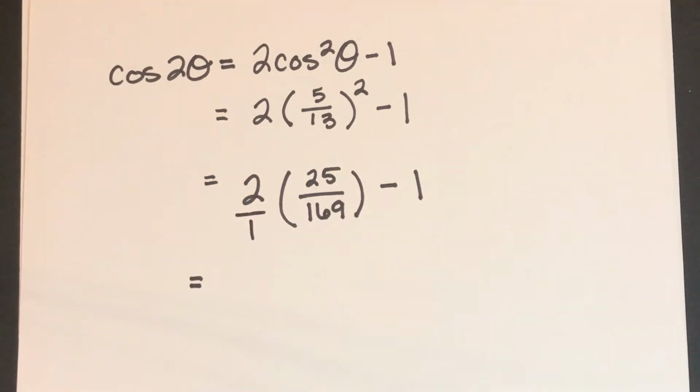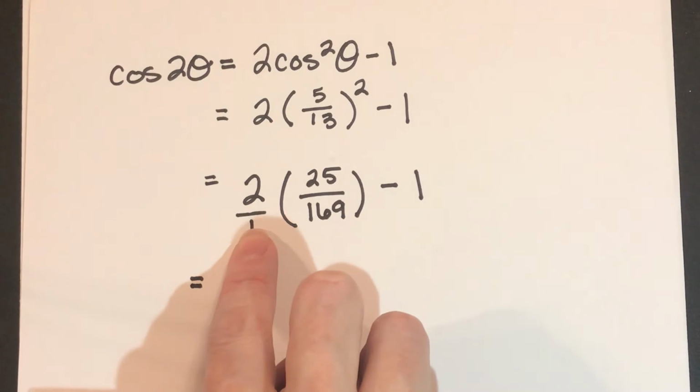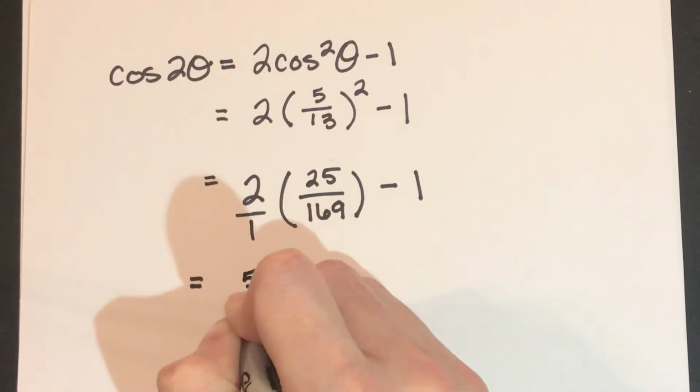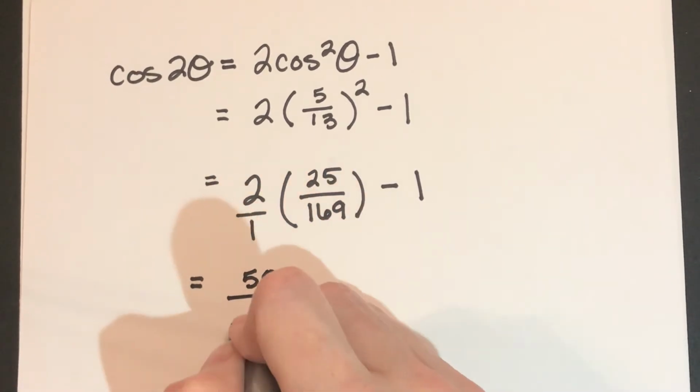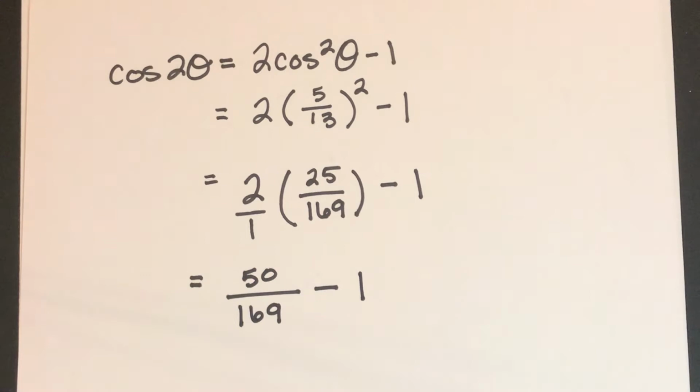Remember, anytime you're multiplying fractions, you just multiply straight across. If it's a whole number, it goes over 1. 2 times 25 is 50. 1 times 169 is 169 minus 1.